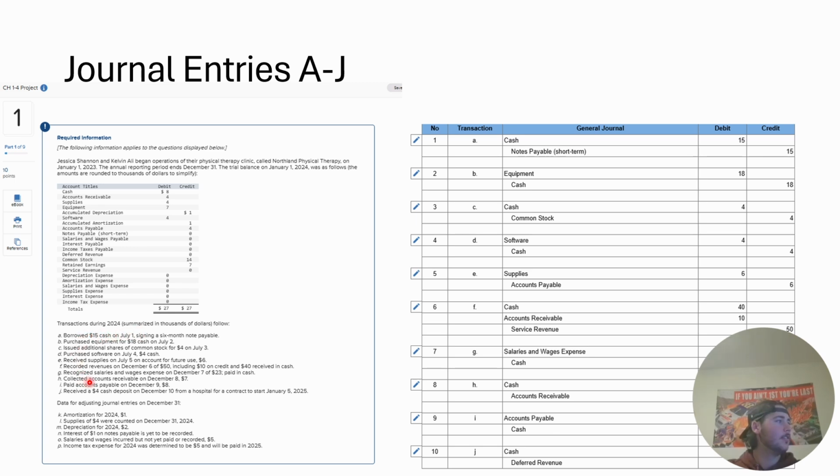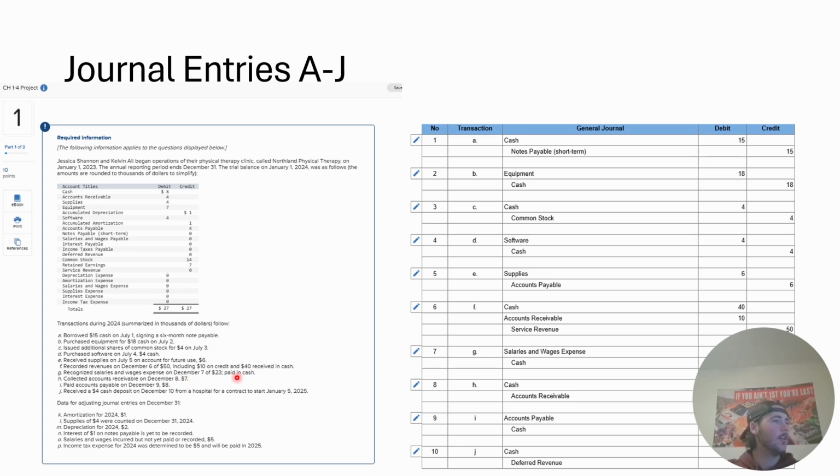Let's see. G, recognized salaries and wages expense on December 7th of $23 paid in cash. So, obviously, debit salaries and wages expense, that $23, and you credit cash 23, or 23,000. H, collected accounts receivable on December 8th, $7.